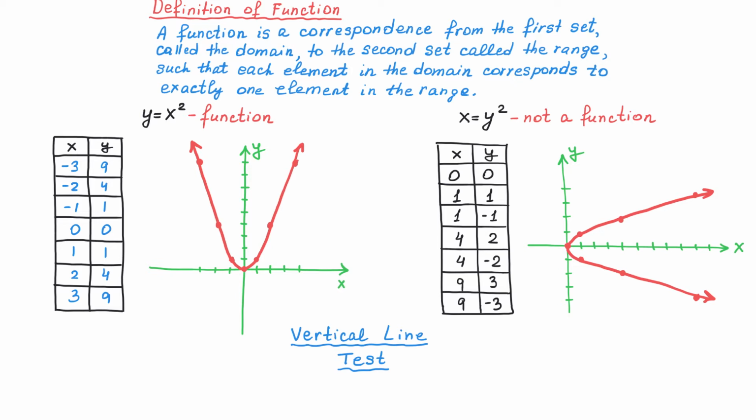If we draw a vertical line over the graph to the left, then we will see that this line crosses the graph just once. Therefore, this graph is the graph of a function. But if a vertical line crosses the graph more than once, then the graph does not represent a function. In the graph to the right, if we draw a vertical line, we see that this line crosses the graph twice, so this graph does not represent a function.